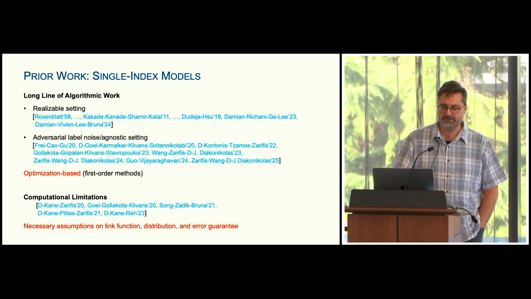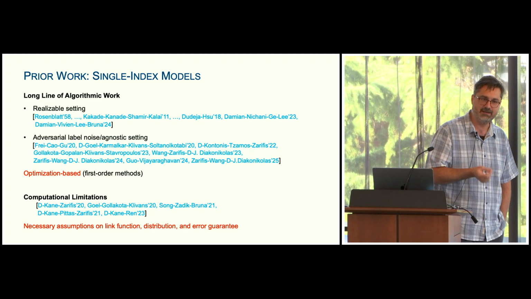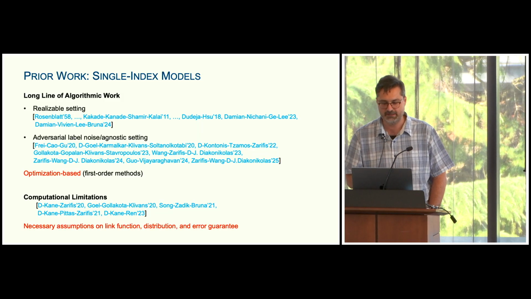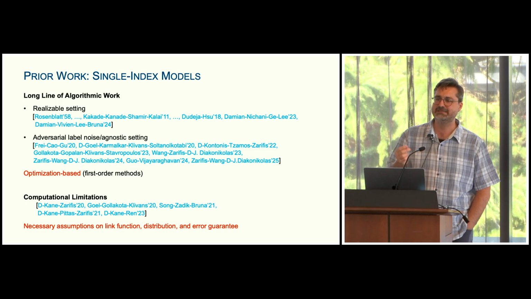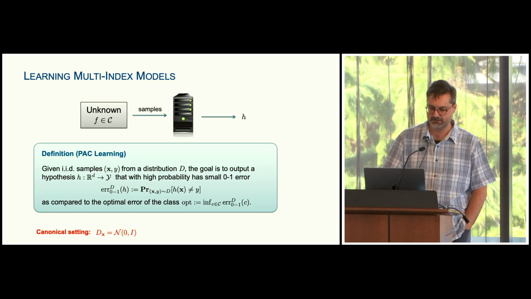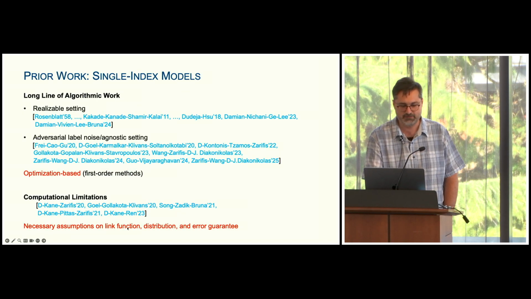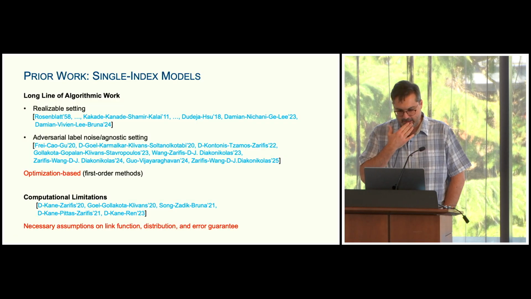Now, an important thing to have in mind is that even for this toy problem of learning a single index model, there are computational limitations. In particular, if the link function, this sigma in the previous slide, is arbitrary, the problem is not solvable. So you need to assume something about sigma, and this is even an information theoretic requirement.